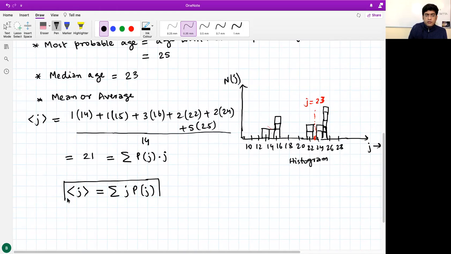This is the mean of a value. This is also called the expectation value in quantum mechanics.